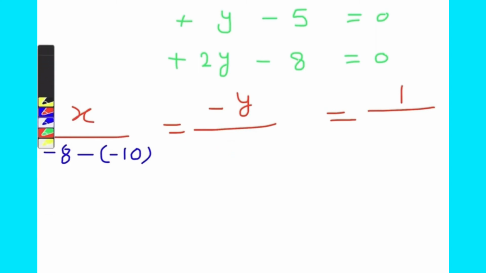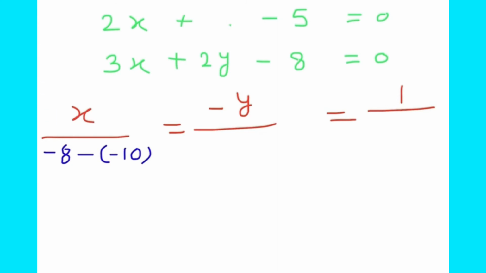Again you hide the term of y, and then you will get just like that, this is 2x and this one is 3x. Now hide the term of y, so you will get 2x and minus 5 and 3x and minus 8.